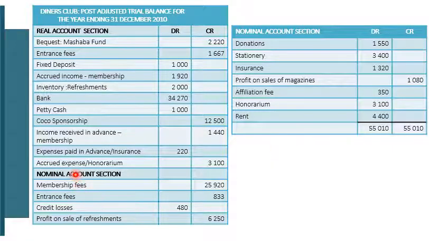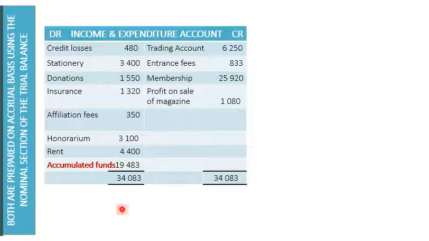Now we will have to take the nominal account section to present the income and expenditure. From the nominal section of the post-adjusted trial balance, the income and expenditure account was drafted as follows. On the income side, on the credit side, we have listed the income after they have been adjusted by including all income that was owing at the end of the financial period and excluding income that has been received in advance.